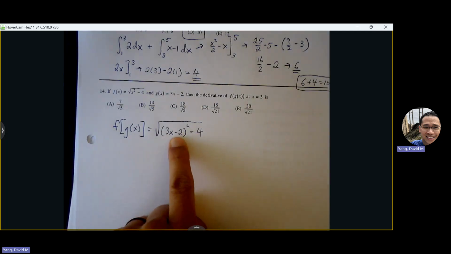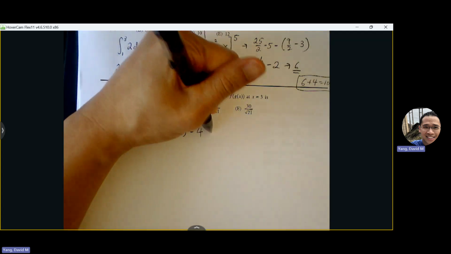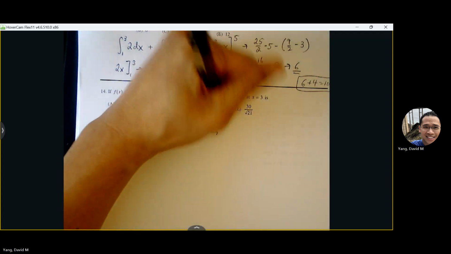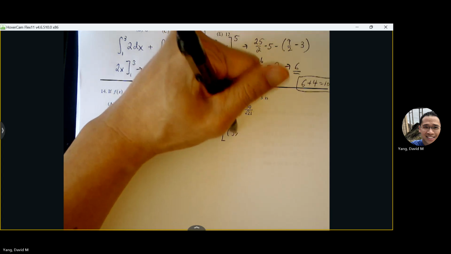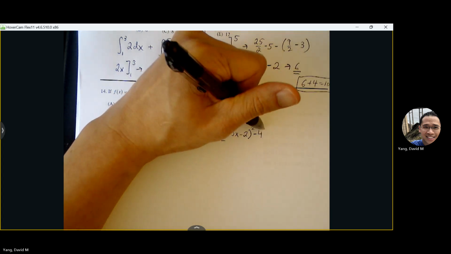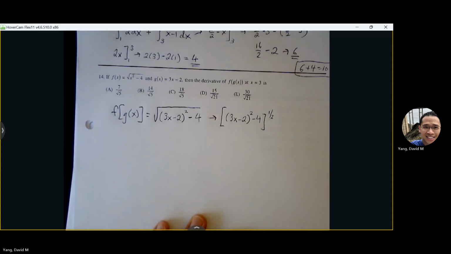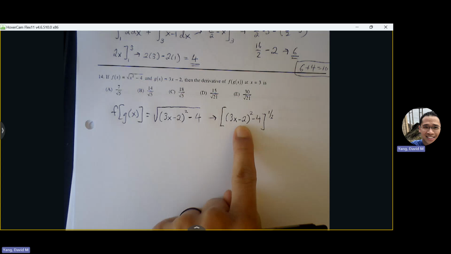So if I want to find the derivative of this, it's clearly chain rule. I have a function within a function. So let me just get that cleaned up. And then I'm going to apply chain rule. So there's outside, inside.